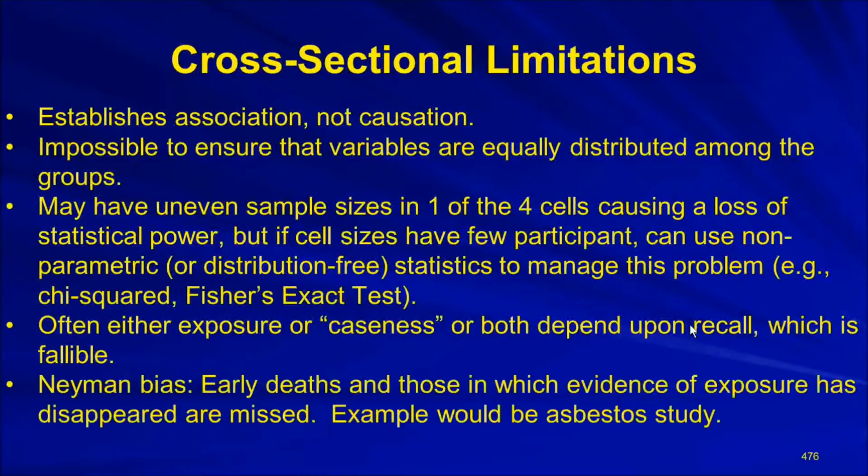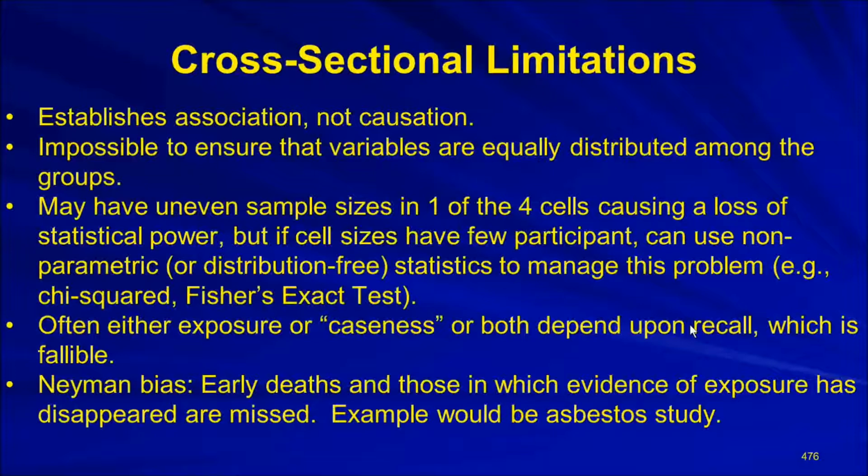I want to talk about the Neyman bias. There's all sorts of biases or errors. This means something that makes the results uninterpretable. You don't know what to make of them. You have one answer that's as good as another, and you can't separate which answer is true and which answer is not.